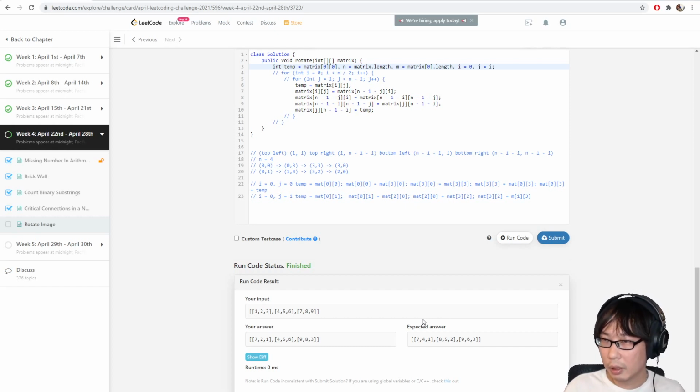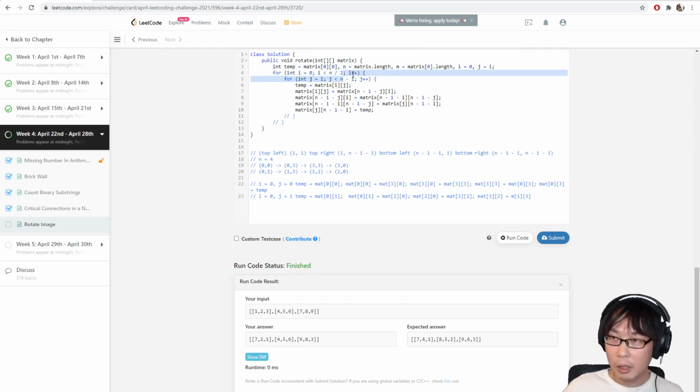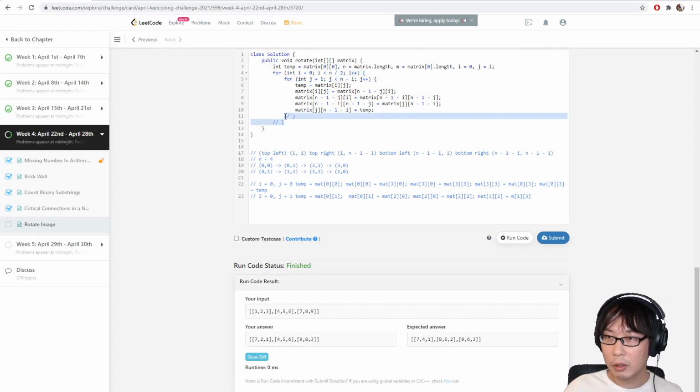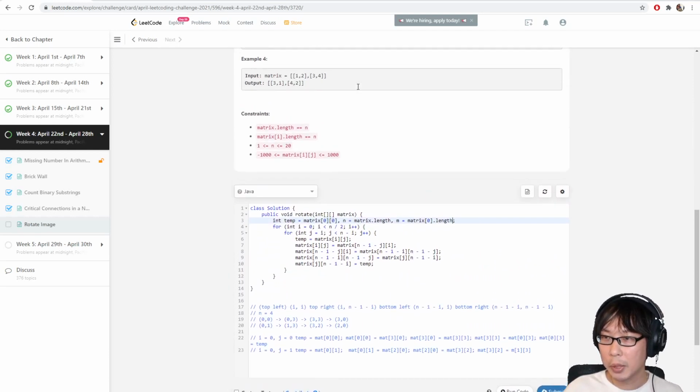So it looks like this is correct. I sort of know what I'm doing. Okay, I probably move 1 too much. So where should j stop?